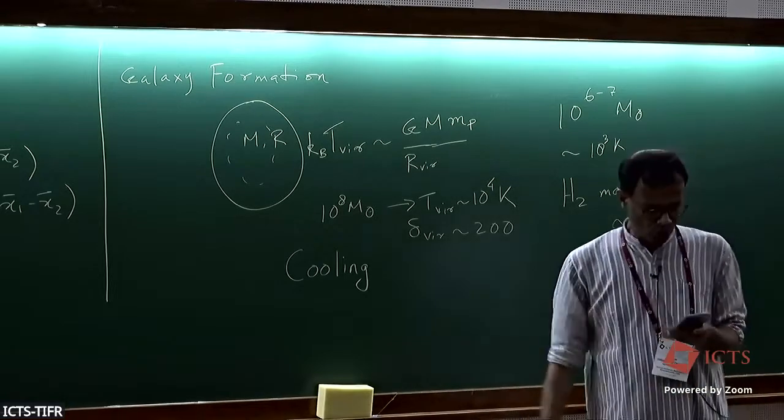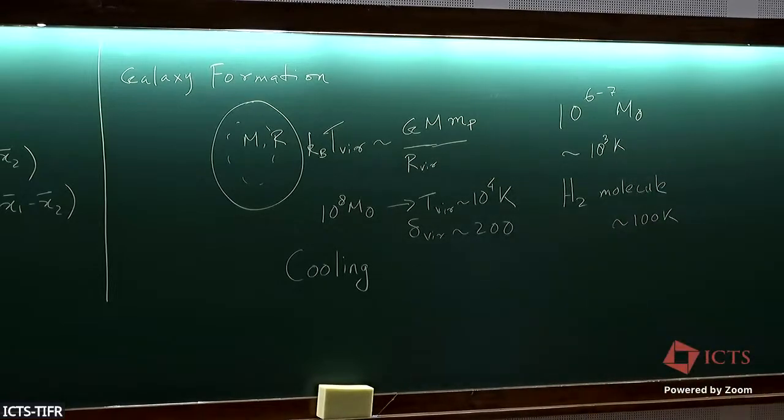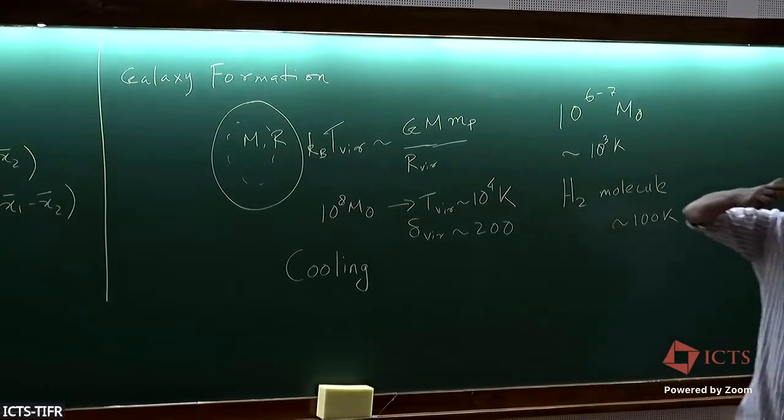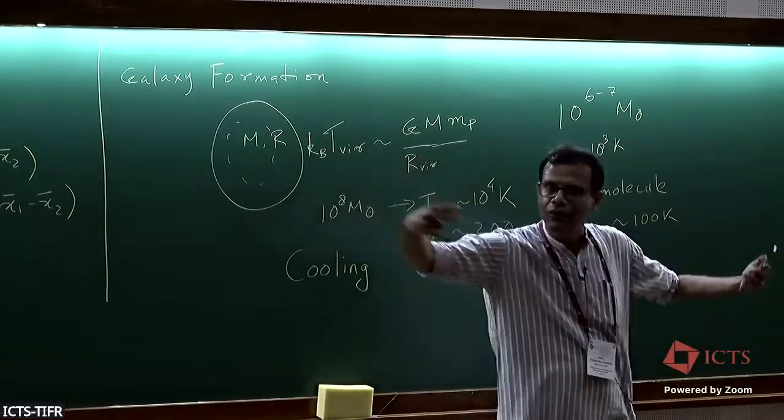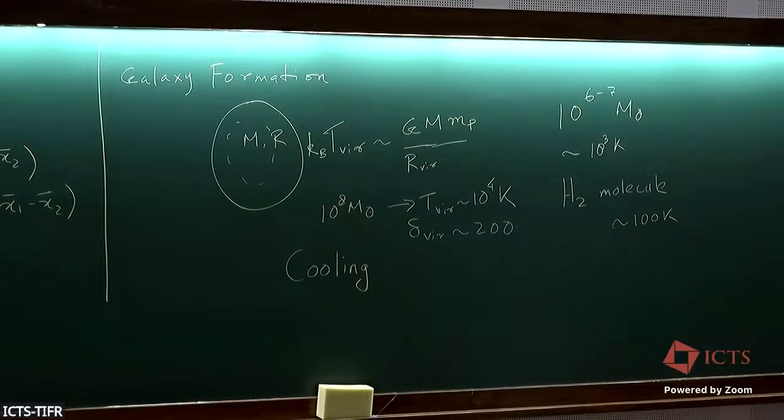Now, once you cool, then something interesting happens. What happens is, as we were saying, there is this gravity which is trying to collapse the gas, and pressure is resisting. And pressure often is characterized either by temperature or the sound speed. Okay, all of them are related to each other.